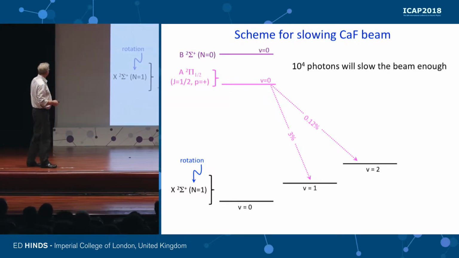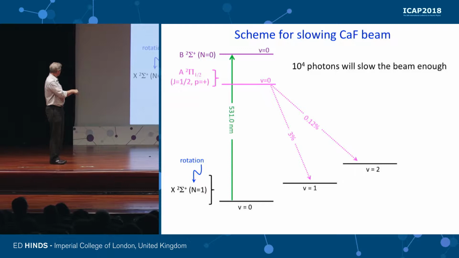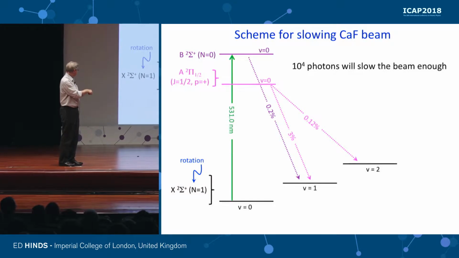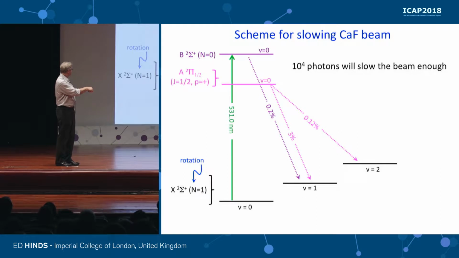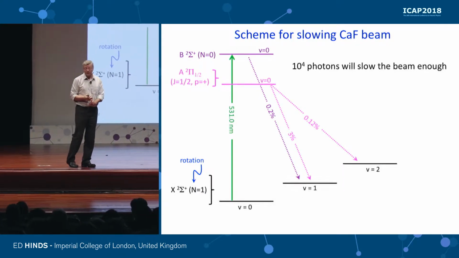And a simpler approach is to use the B state, which is the second electronically excited state. And so we drive that at 531 nanometers. And the nice thing about the B state is it has a rather small leak to v=1, 0.2%. And for this purpose, negligible leak to v=2. We don't have to worry about it because we're only going to scatter 10^4 times.